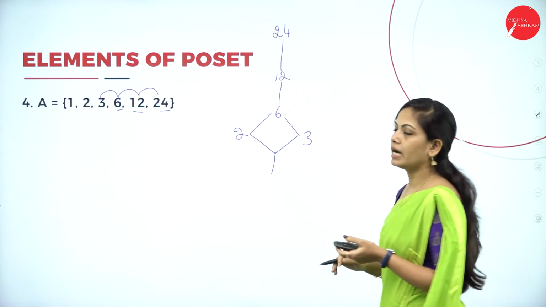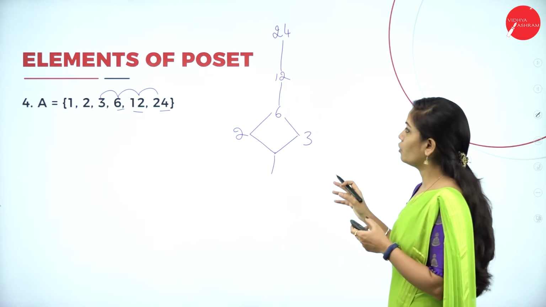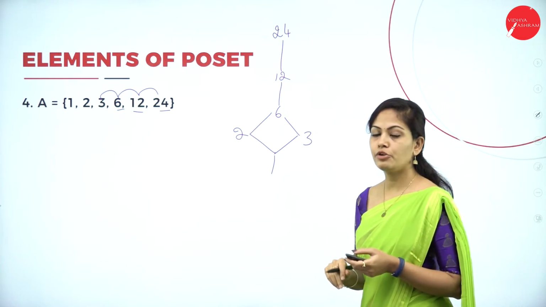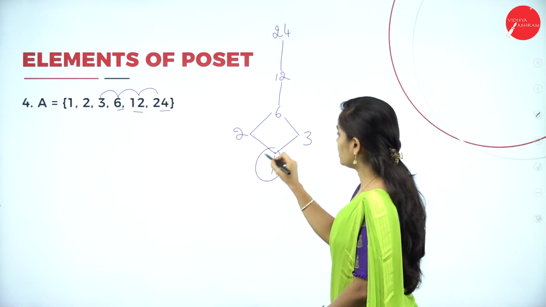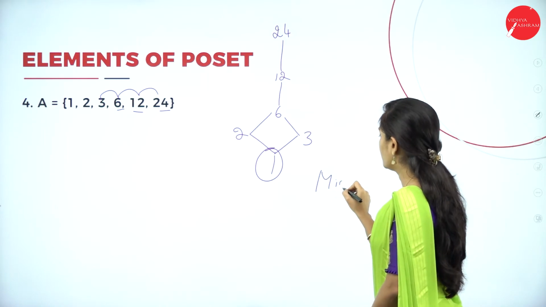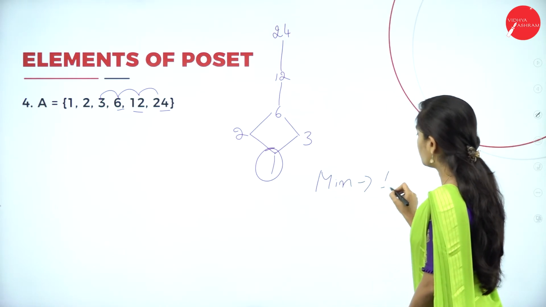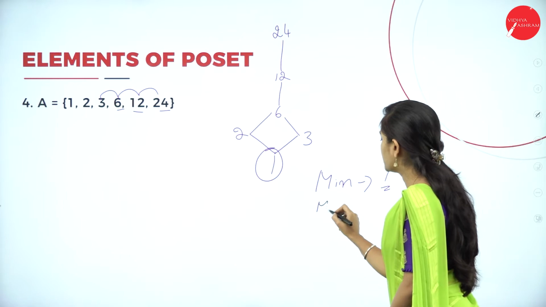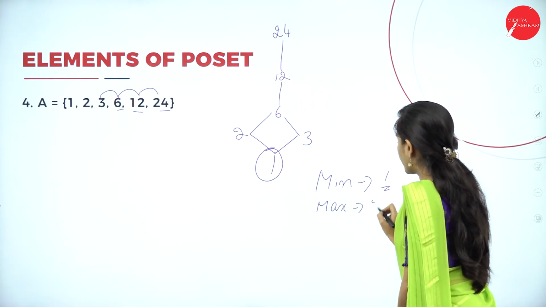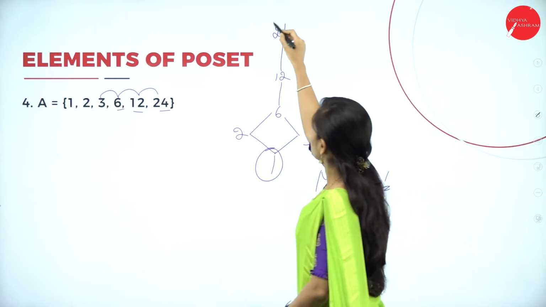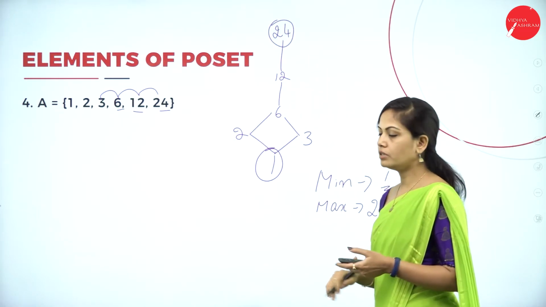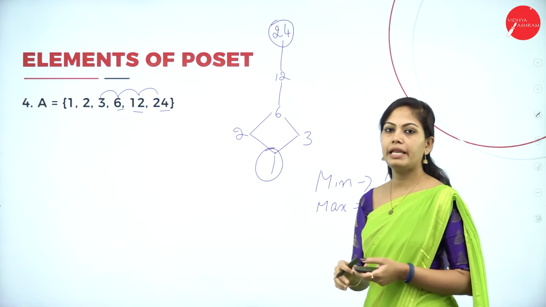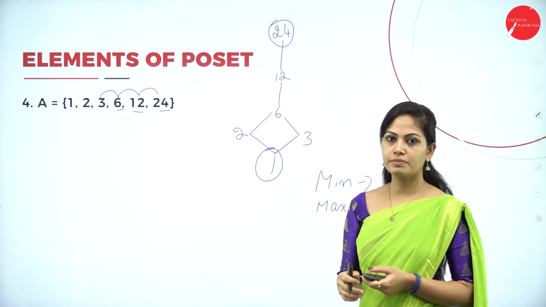This is your Hasse diagram. So now find out the maximal element and minimal element. Obviously the minimal element is 1 and the maximal element is 24, because it is not related to any other value, right? So here we got the maximal element and minimal element.